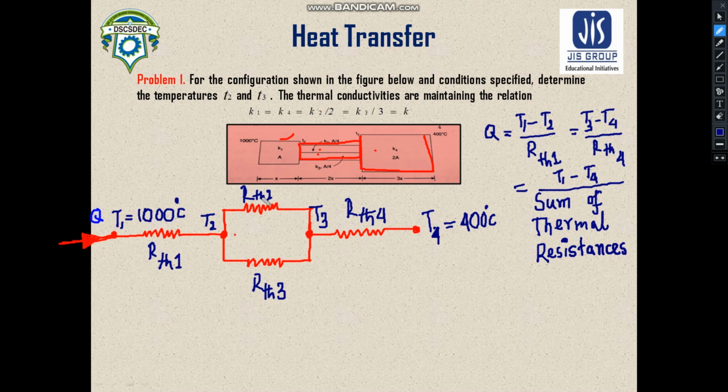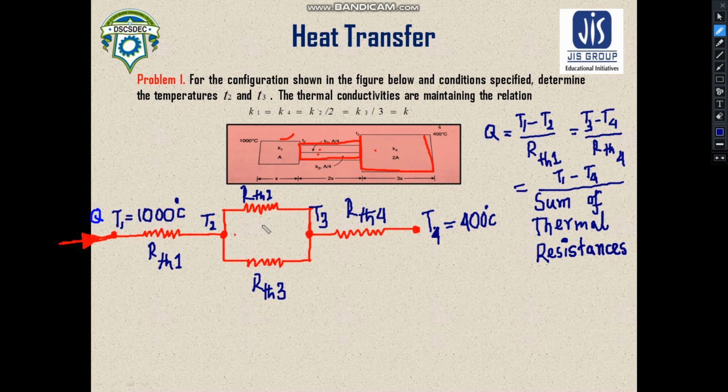I have drawn the circuit here. Q is the rate of heat transfer taking place within these walls. The temperature at the leftmost surface of this wall is maintained at 1000 degrees Celsius, and for heat transfer through this wall, the thermal resistance encountered by the heat Q is RTH1. Since this wall is in a parallel arrangement, we have to take two separate resistances for the heat transfer.